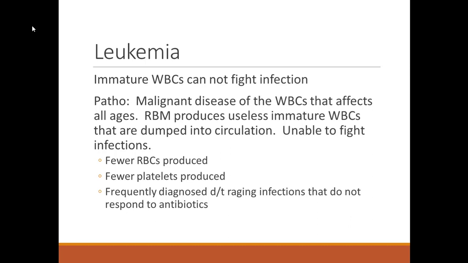Symptoms we're going to see, obviously, like I said, is increased infections. There's going to be increased bleeding because they're going to have lower levels of platelets. They're going to be fatigued, maybe even anorexic, anemic, because they don't have as many red blood cells.